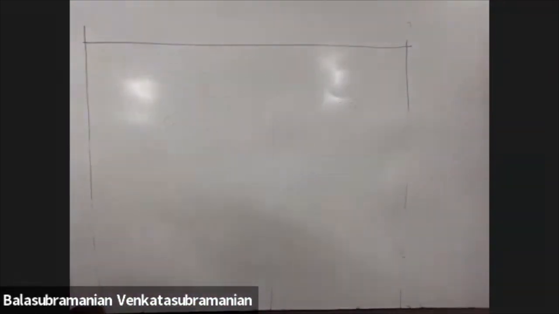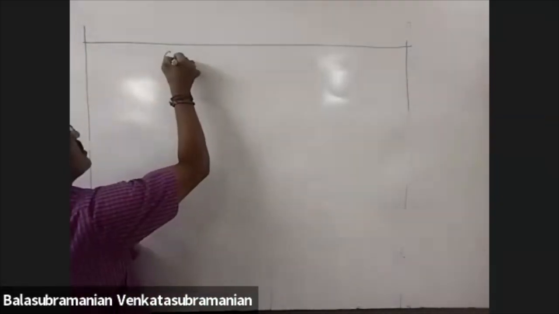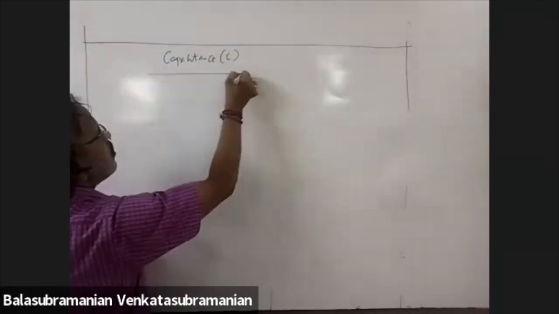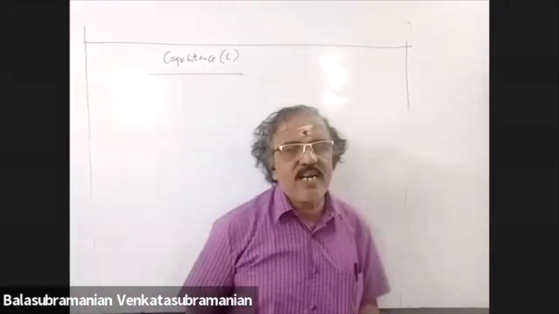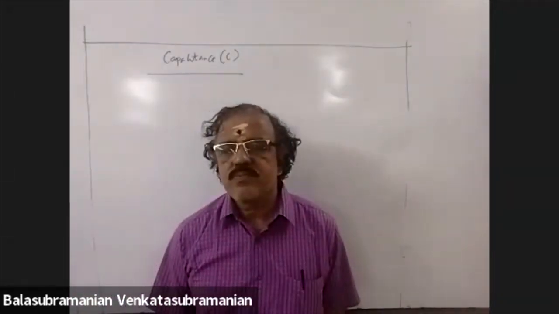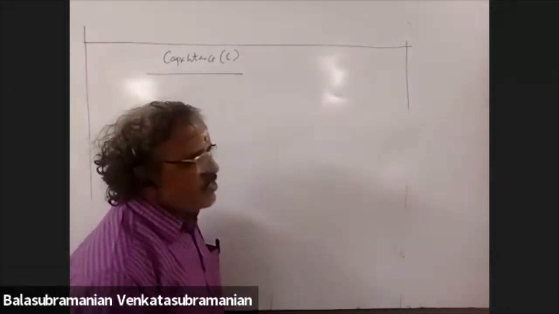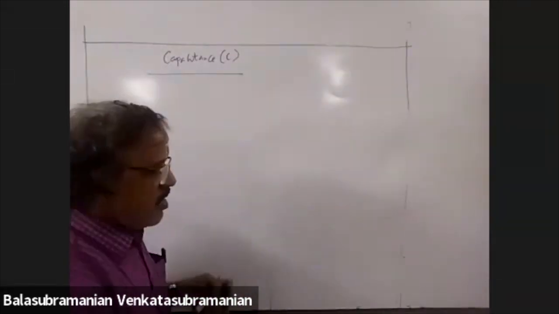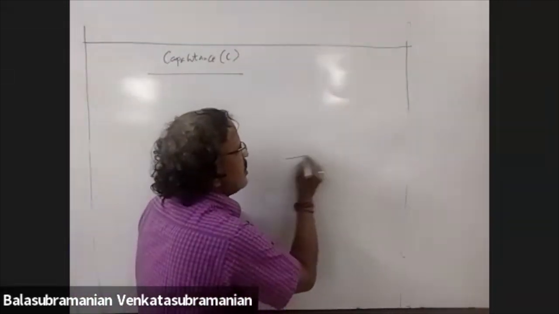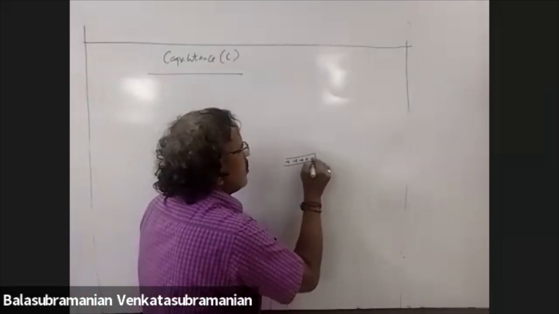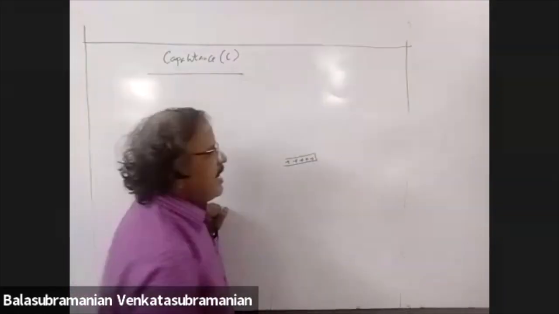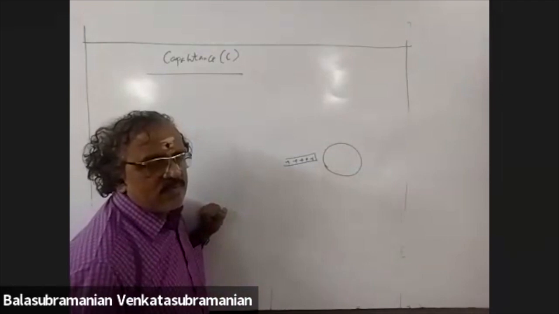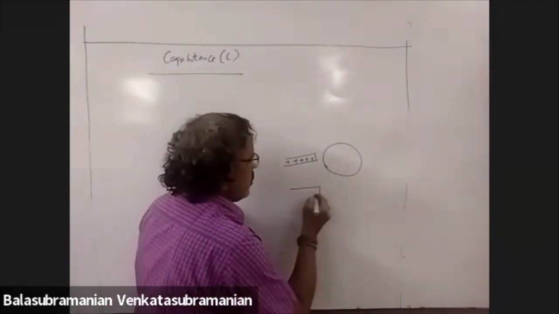Simple concept. Now we are going to talk about capacitance, the capacitance of a conductor. The principle behind it is the electrostatic induction phenomenon. You consider a charged wire, and bring a spherical conductor nearby.